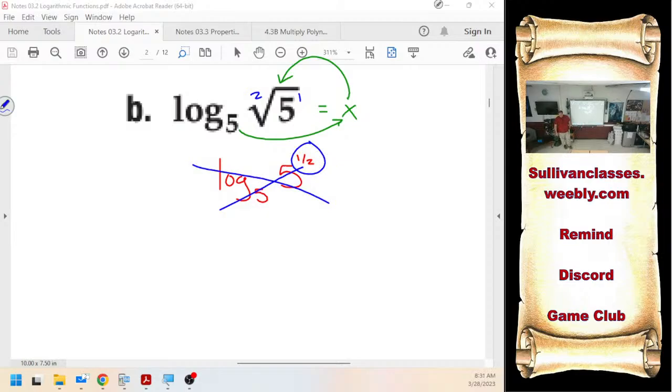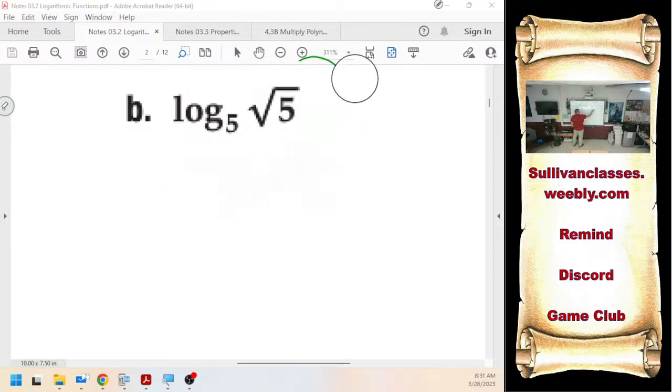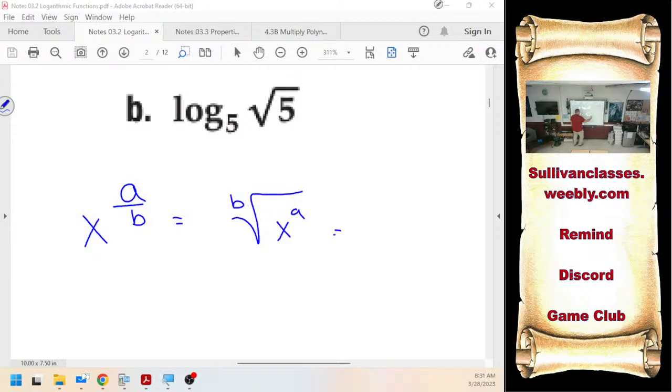Okay. So we got to know not just our logarithmic values, not just our exponential values, but do you remember that x to the a over b is the bth root of x to the a? Okay, so you also have to remember those so that you know this is going to be a 1/2.